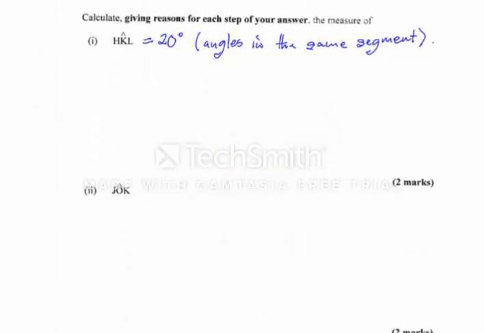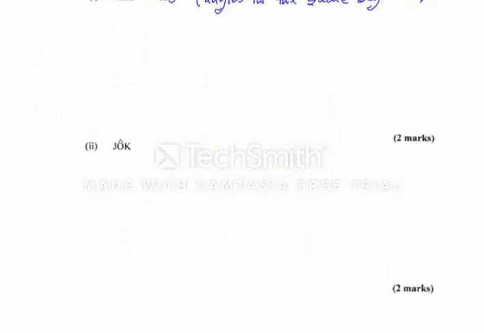So to answer the question about JOK, I'm going to say theta, which is JOK, plus 50 plus 50 degrees would be equal to 180 degrees. And they are the interior angles of an isosceles triangle.